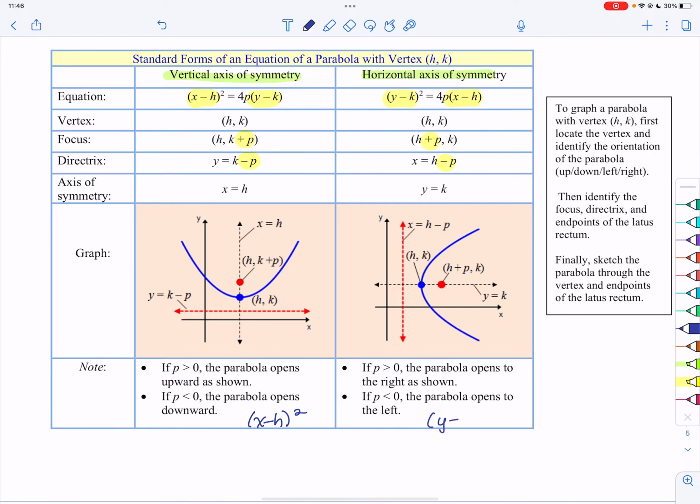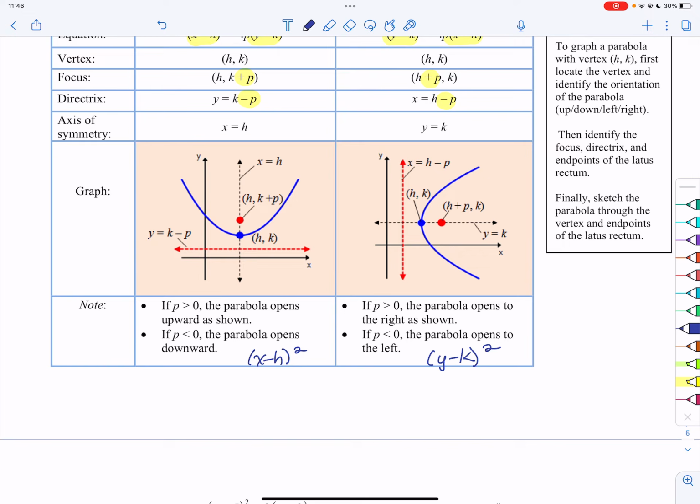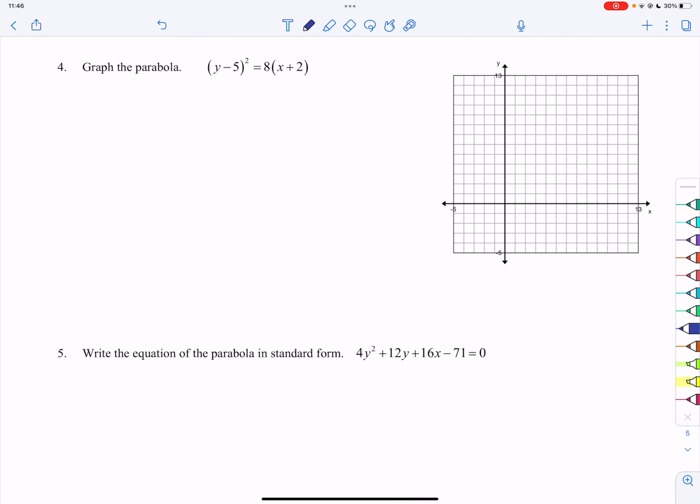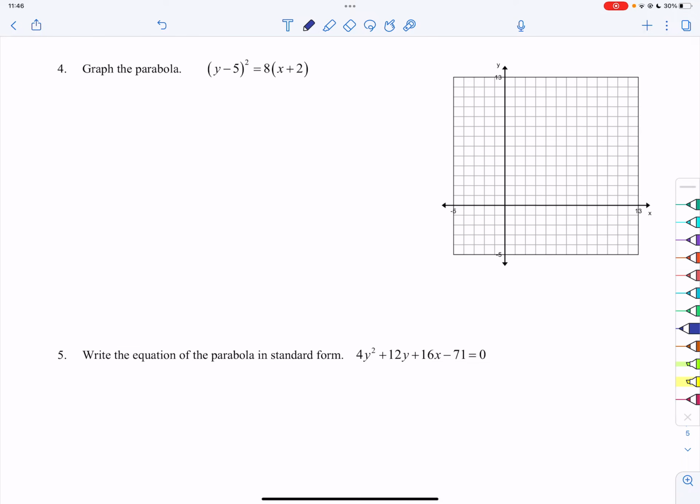And if the y minus k is squared, we will be opening left or right. Okay, so we're going to go ahead and take a look at our example and just try to work through some of that. And you can pause the video if you'd like to read through some of that some more.